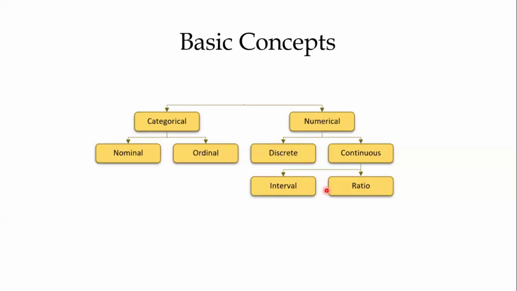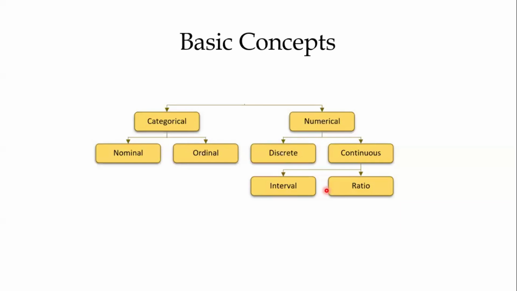We have what we refer to as categorical and numerical data. Categorical is sometimes also referred to as qualitative data, while numerical is often referred to as quantitative data.